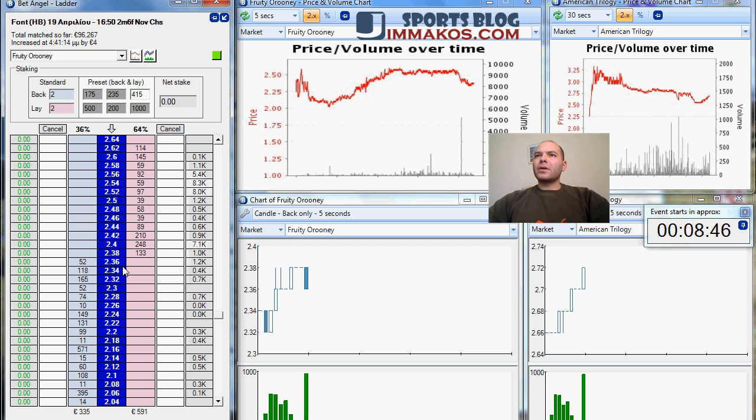So I'm looking to mainly back the odds to take advantage of the fall. While in the graph of the second horse, the odds are obviously downtrending, and I'll be looking for an entry point for backing.